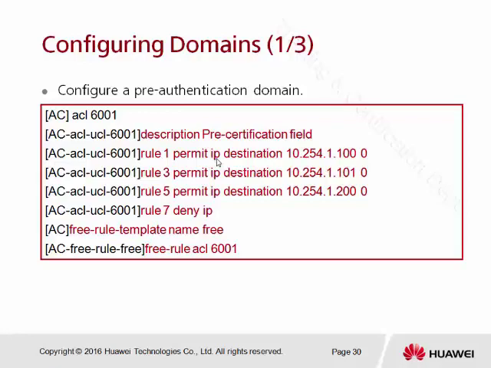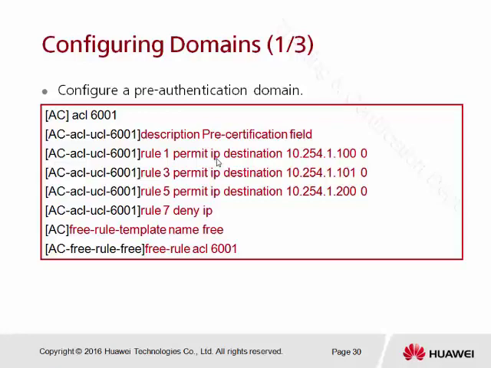I'm going to allow the traffic going to the destination 10.254.1.100. This .100 is actually pointing to the Radius server. And for rule number 3, they configure one more, 101, which is maybe the DHCP server, and .200, which is for the DNS. These we always have to configure, and the rest we are going to deny.